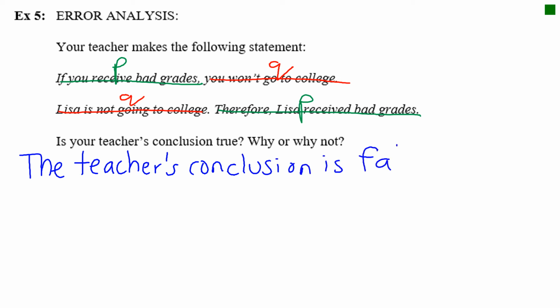The teacher's conclusion is false. And then the second question was why or why not. There might be other reasons Lisa's not going to college.